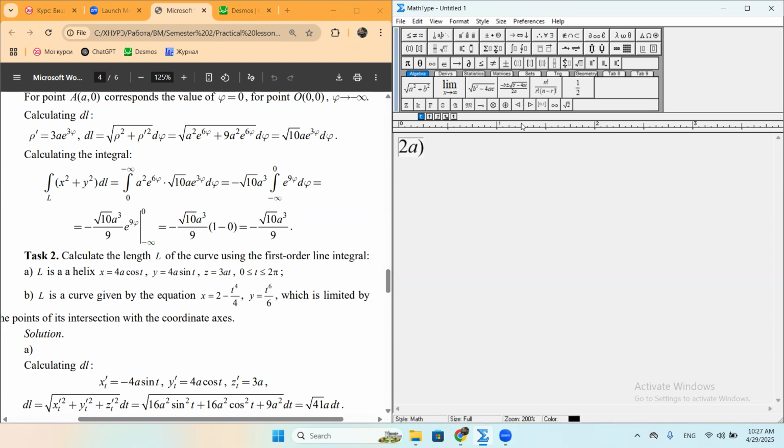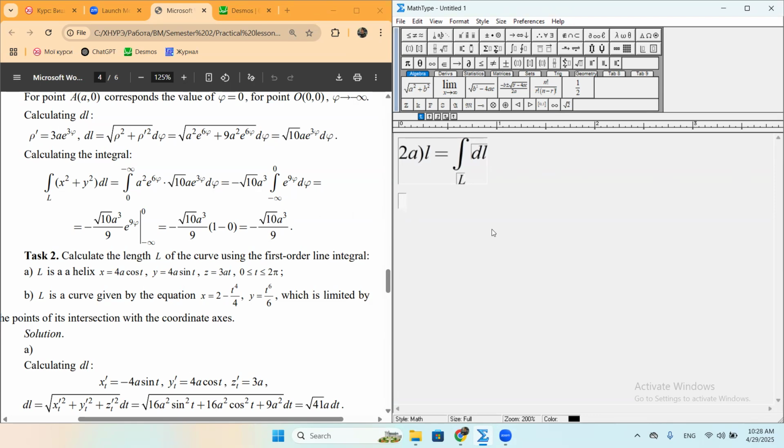How can it be calculated? We just integrate dl, the differential of the curve length, that you already know from the usage of the definite integral, and this line integral will be transformed to a definite integral as well.